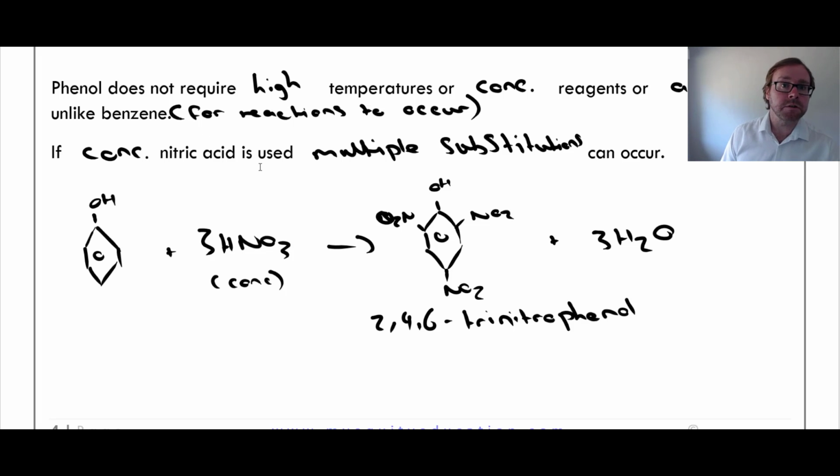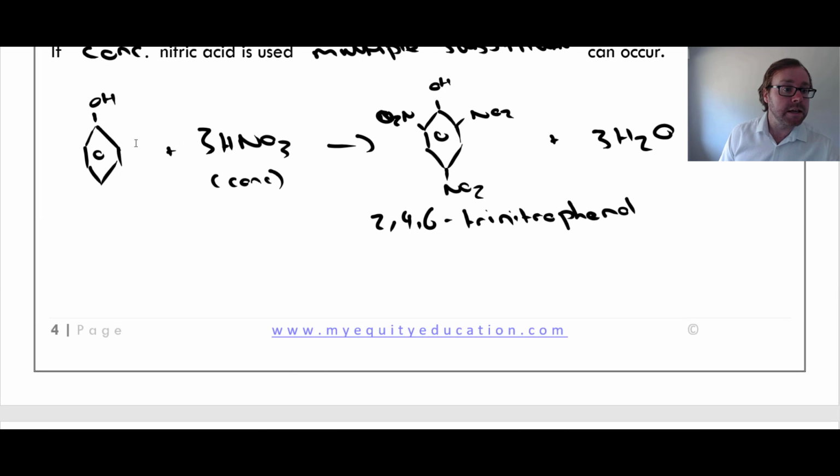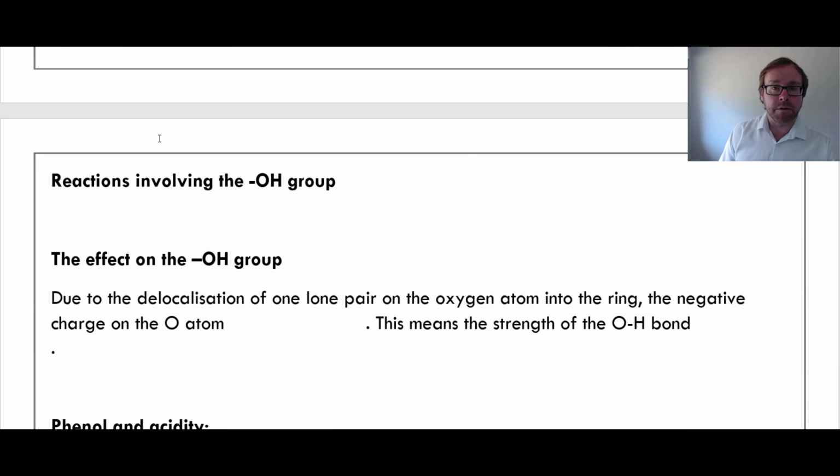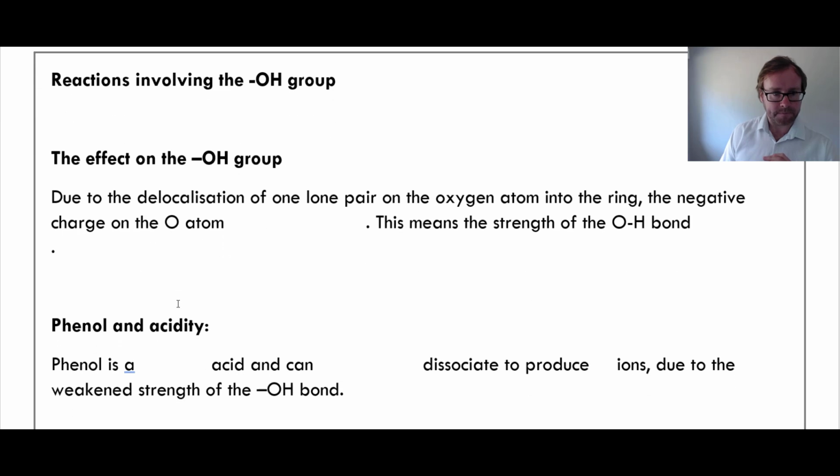So we've talked about so far the reactions involving the pi system, and they've been electrophilic substitution reactions. However, you can have a different type of reaction, which is reactions involving the OH group. Okay, so the effect on the OH group. So due to the delocalization of one lone pair on the oxygen atom into the ring, the negative charge on the oxygen atom decreases.